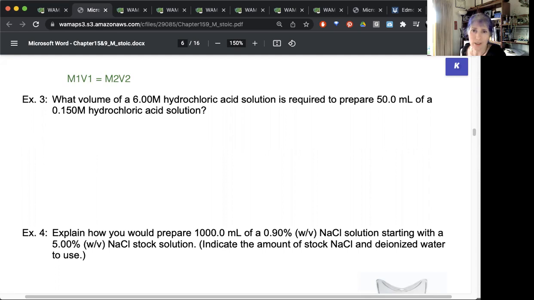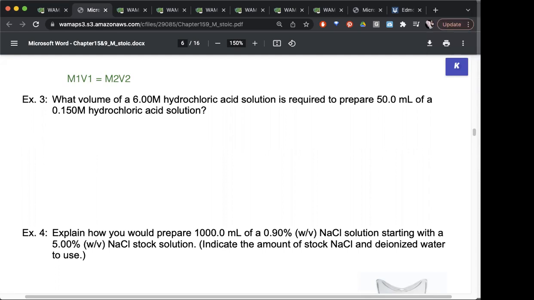So we'll identify those variables and plug into the equation. So what volume of 6 molar hydrochloric acid is required to prepare 50 milliliters of a 0.150 molar solution?